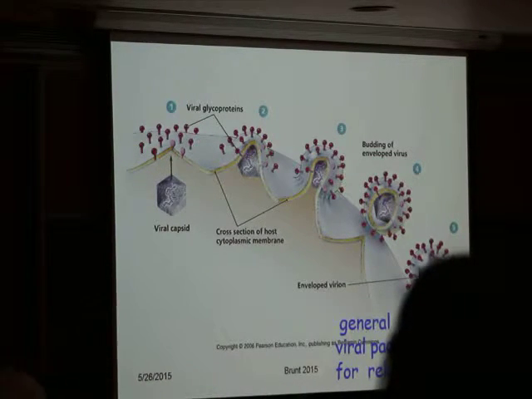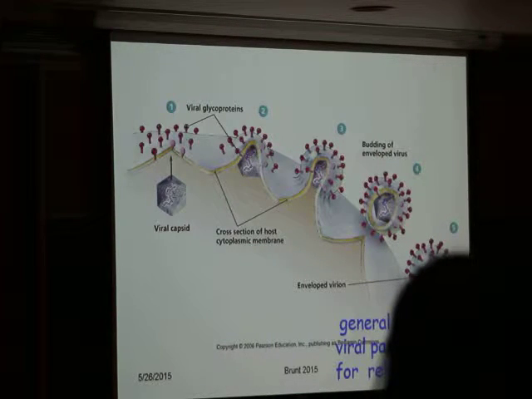So again, you've got to imagine that you have a membrane on the host cell, and it has its various proteins. And what's going to happen is that this is the location where the virus is going to bud. We have all the spike proteins that have to be embedded in this membrane.